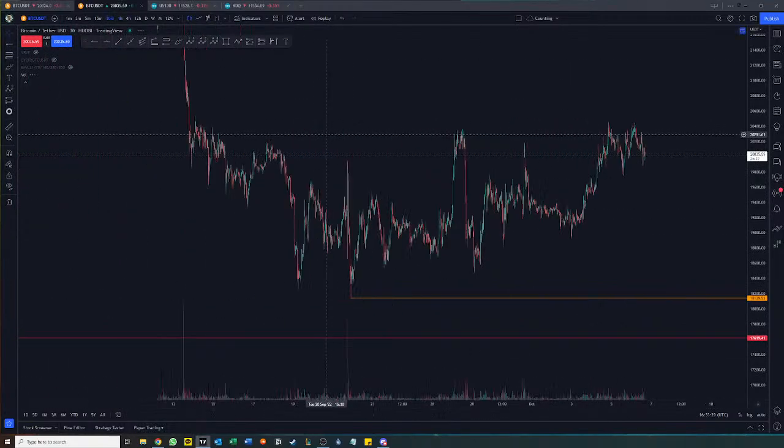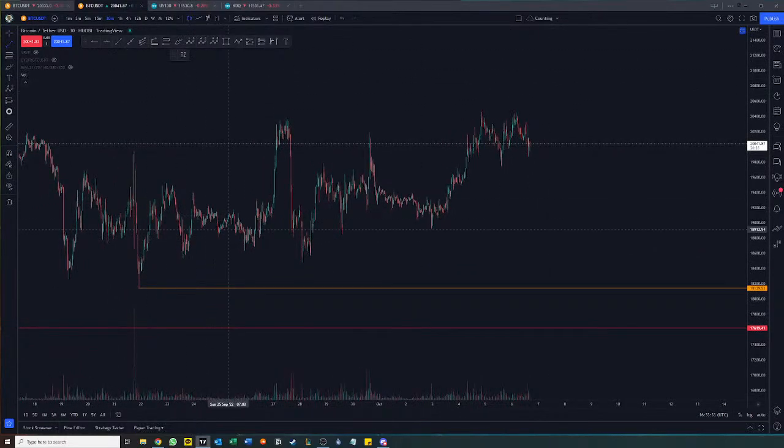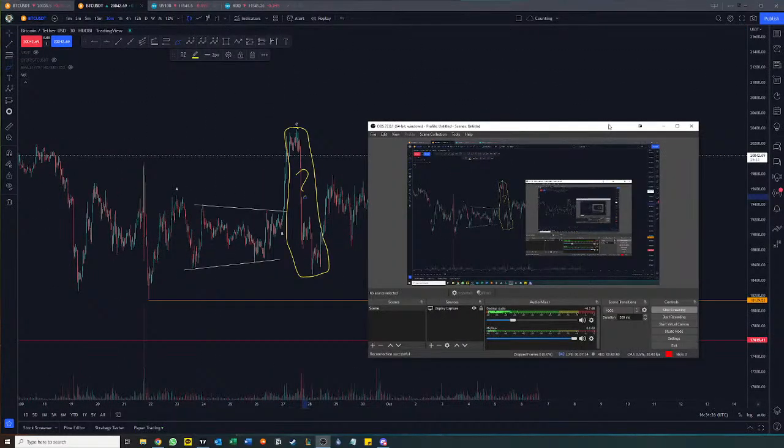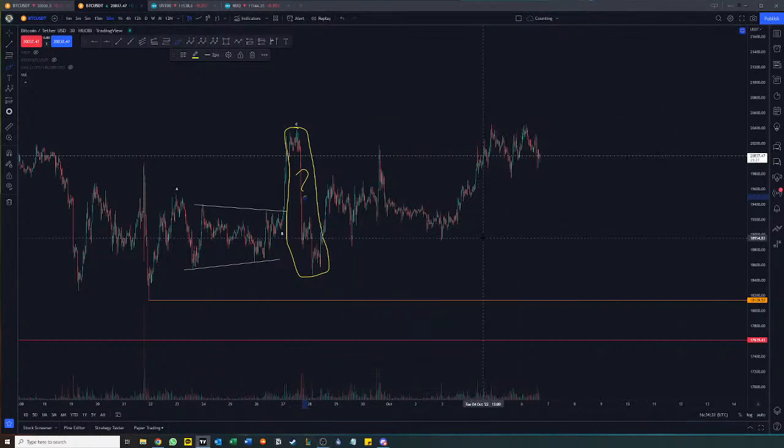Now let's go into a 30-minute time frame. Here was really simple. If I continue, I did mention this wave is questionable. I don't know what this is. It looks like an impulse, but at the same time, it could be an ABC.